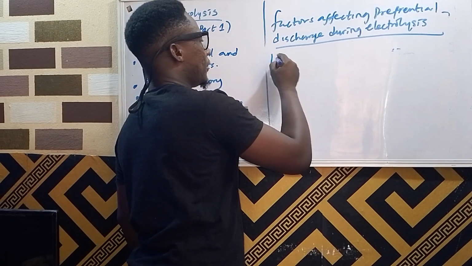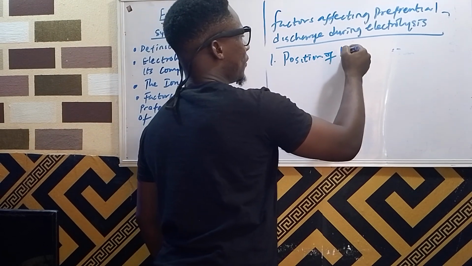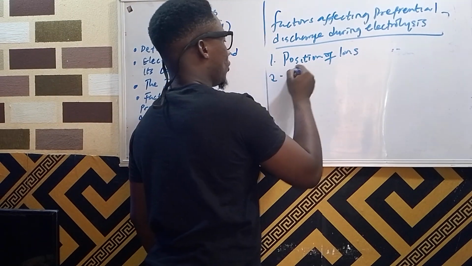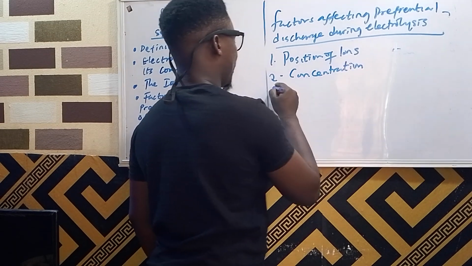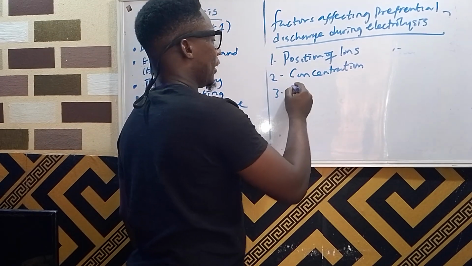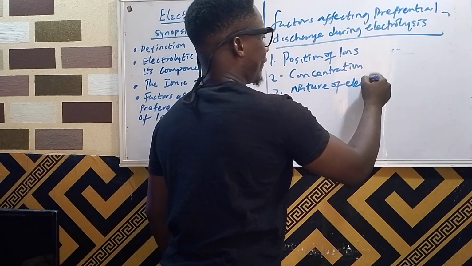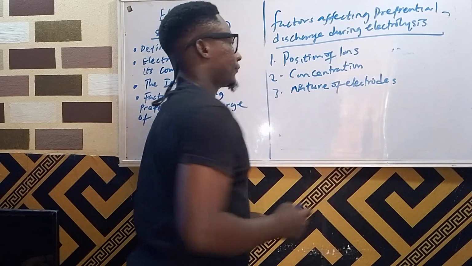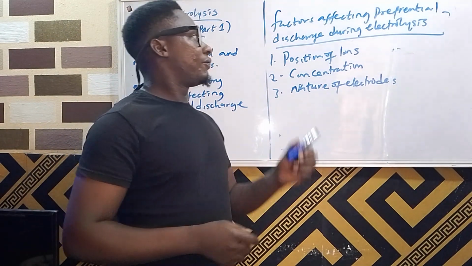Number 1 is the position of ions. Number 2, concentration. And number 3, nature of electrodes. These are the factors that affect preferential discharge.